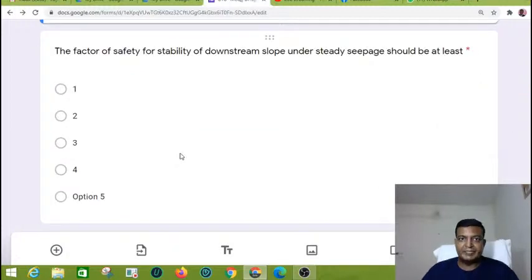The factor of safety for stability of downstream slope under steady seepage should be at least 1, 2, 3, 4. What is the answer?